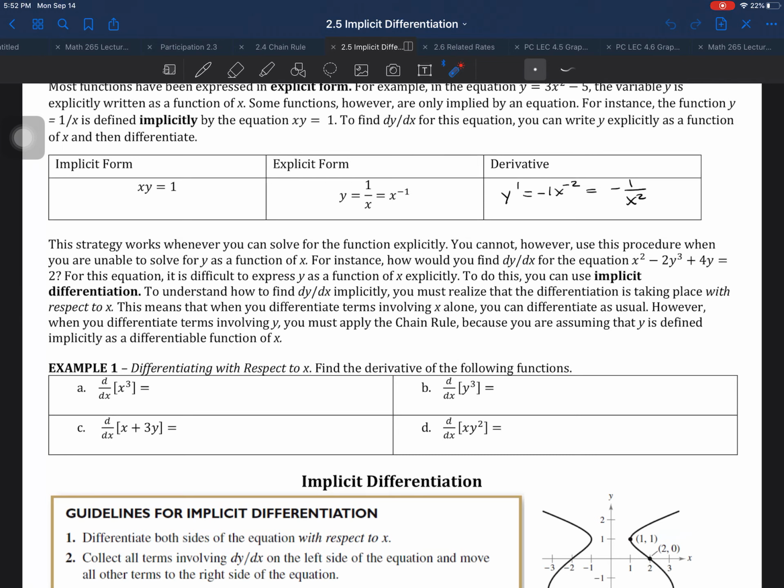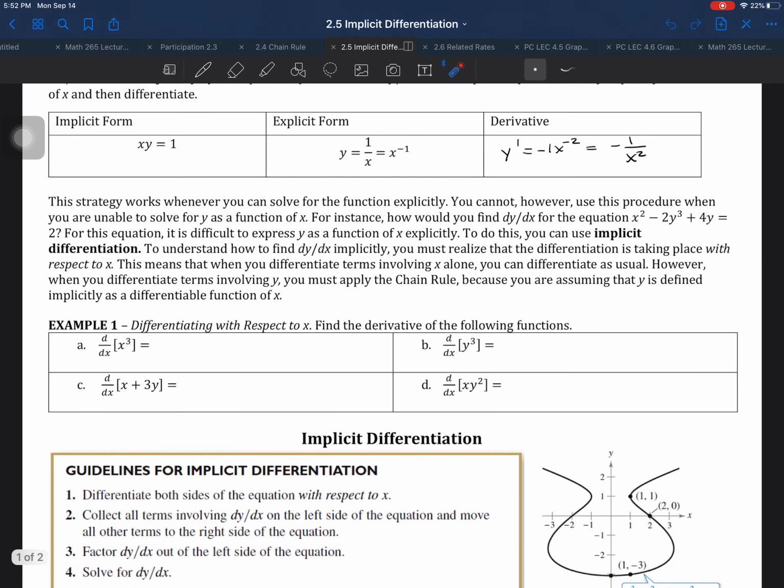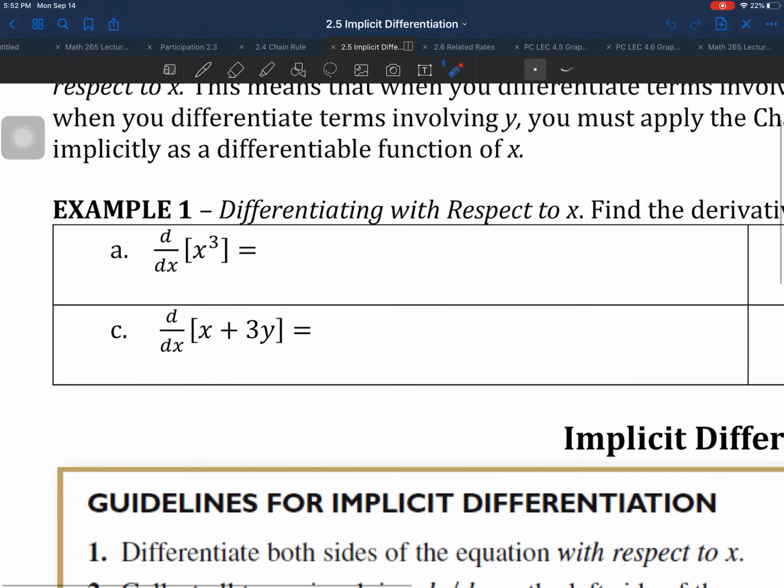All right, so real quick here, let's review a few things. In this example, I'm asking you to find the derivative of x cubed. If you remember, all along we were taking the derivative with respect to a variable. If you notice, that variable matches this variable. So if this is the variable we're taking the derivative with respect to, that means this is treated as a variable, right?